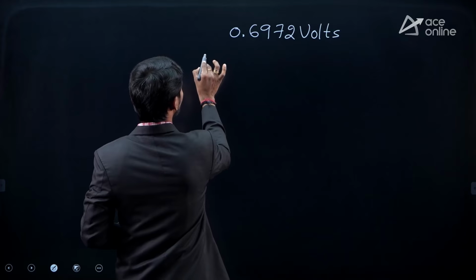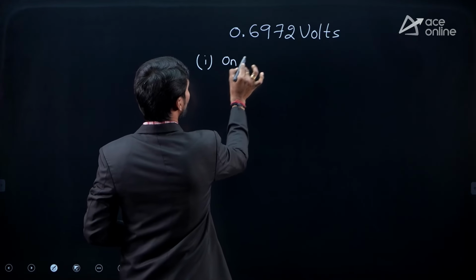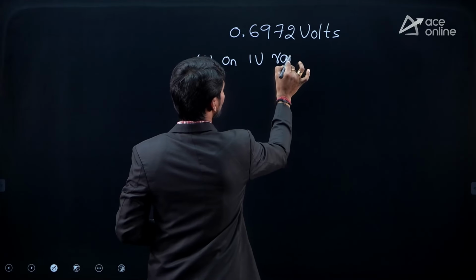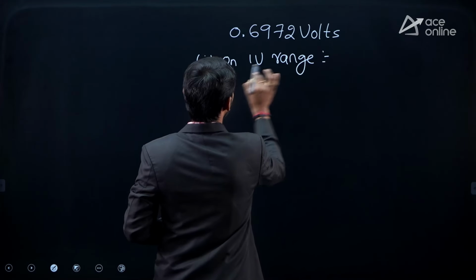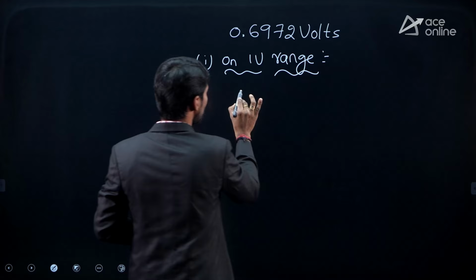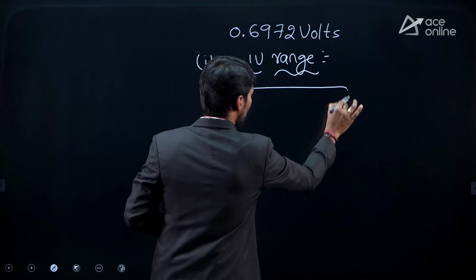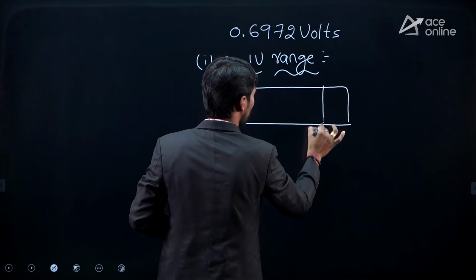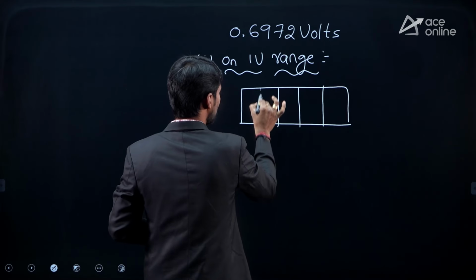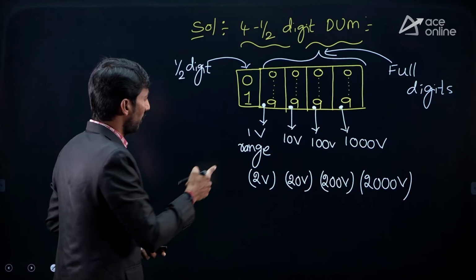First, on the 1 volt range, simply take the corresponding digits, with 4 full digits and 1 half digit. Where should the decimal point be for the 1 volt range?